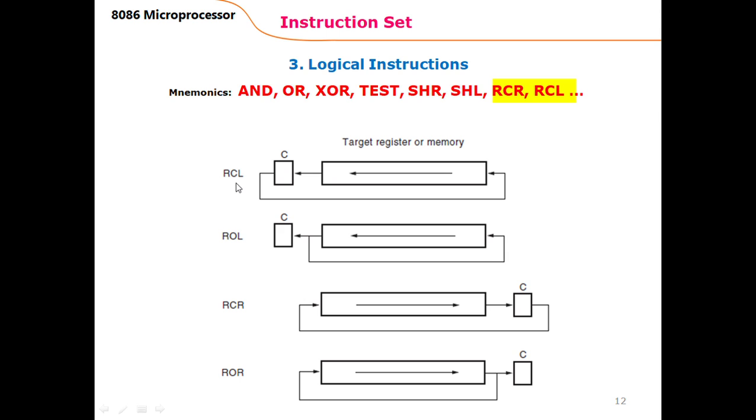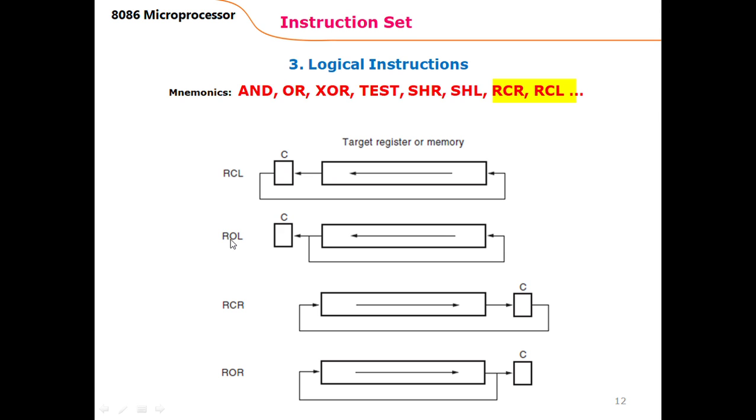In case of rotate left through the carry, the value in this register or memory location is rotated by one place, and this rotation is towards the left side, and the leftmost bit with each rotate is moved to the carry. So that means rotate through the carry. So the leftmost bit is moved to the carry, and the carry is moved to the rightmost bit of the value. So the rotation passes through the carry.